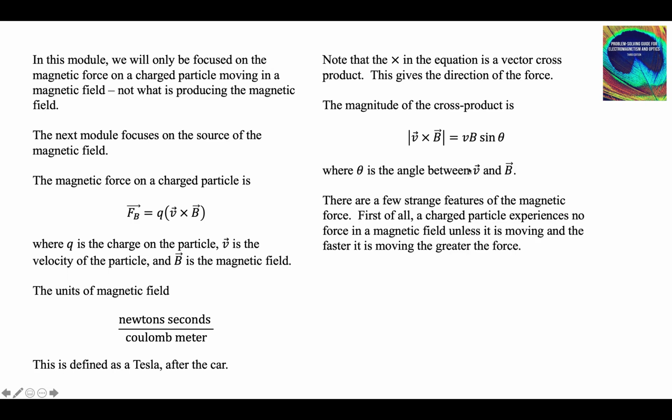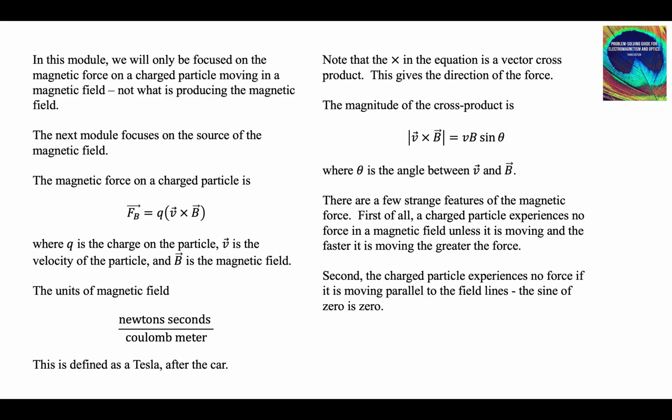So there's a few strange features of the magnetic force. As I discussed previously, a charged particle that is sitting there experiences no force. The faster it's moving, the greater the force. Second, it experiences no force if it's moving parallel to the field lines. If it's moving along the field lines, it experiences no magnetic force.